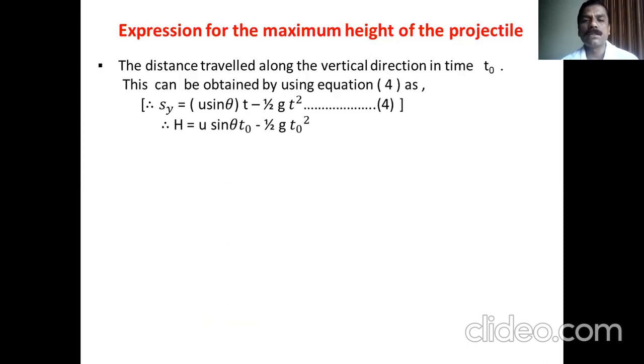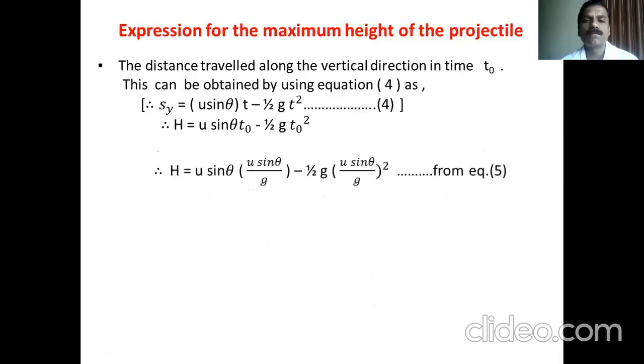In this equation 4, we replace the small t with t0, and sy, the displacement along the vertical direction, is replaced with capital H, which is the symbol for the height. So H is equal to u sine theta t0 minus half g t0 square.